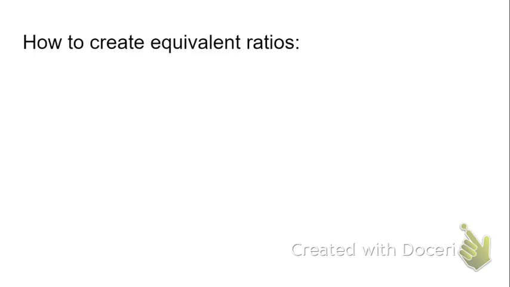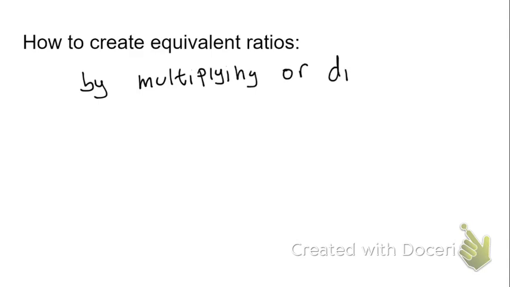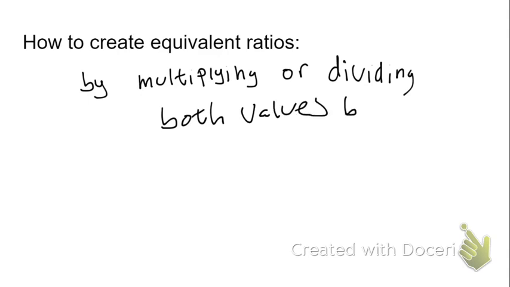And we just talked about how to create equivalent ratios already. Remember, I'll write it again. By multiplying or dividing both values by the same number.